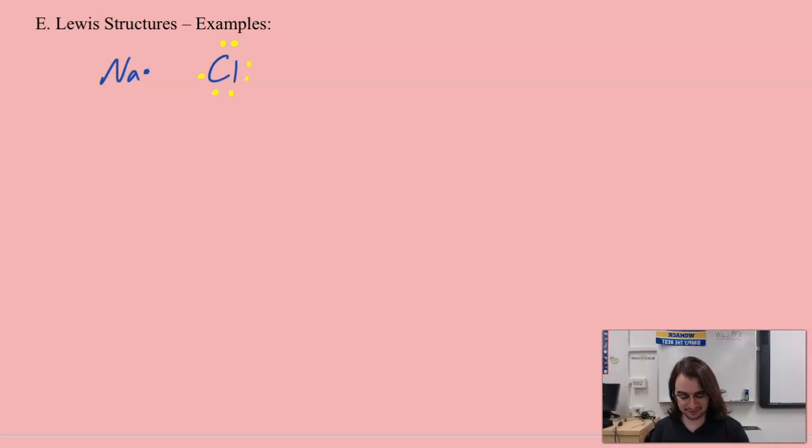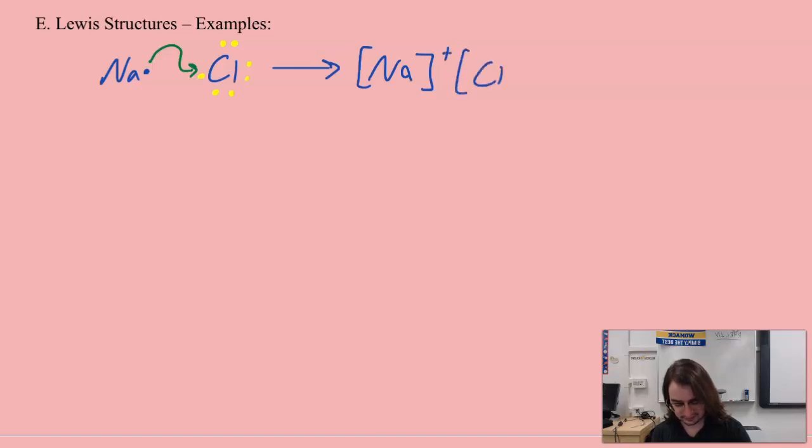That's what's going to happen here: we are going to have a complete electron transfer. We denote this with these curly arrows, a complete electron transfer between sodium and chlorine. The new thing is that we have sodium as an ion. I drew my bracket a little too big there. We also have chlorine as an ion, but chlorine has dots around it now.